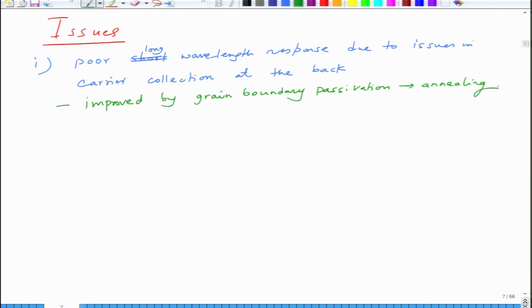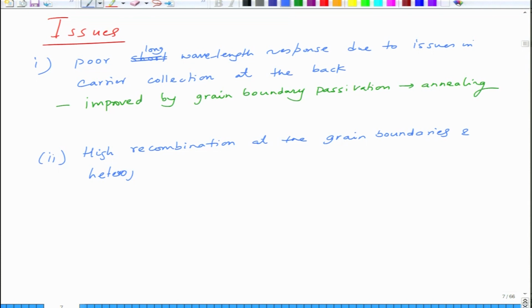Okay. Then the second issue that comes is high recombination in grain boundaries and heterojunction.